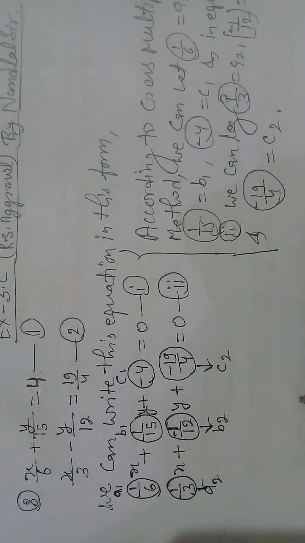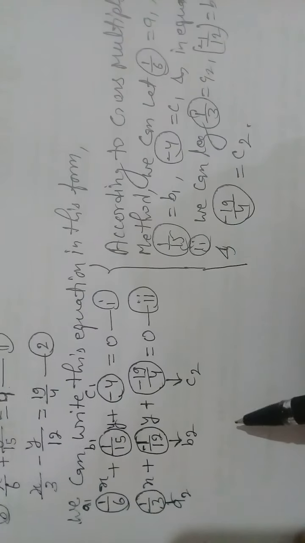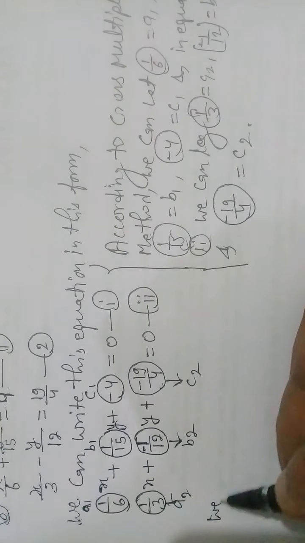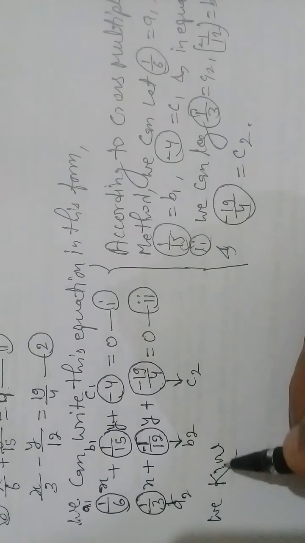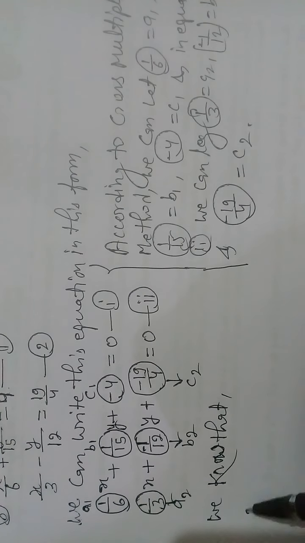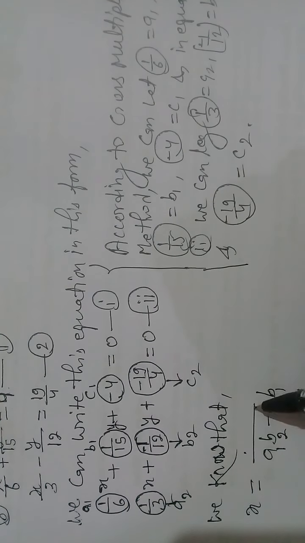I am now using the cross multiplication formula. We know that x is equal to b1 c2 minus b2 c1 over a1 b2 minus a2 b1.